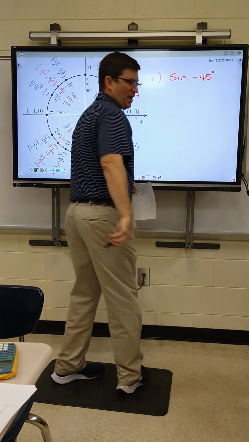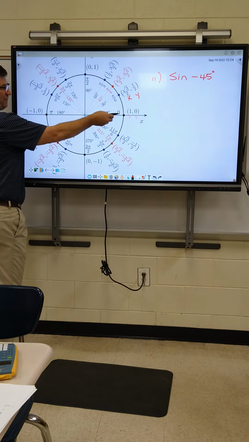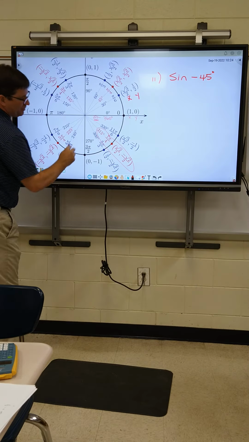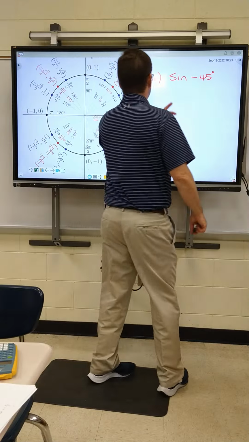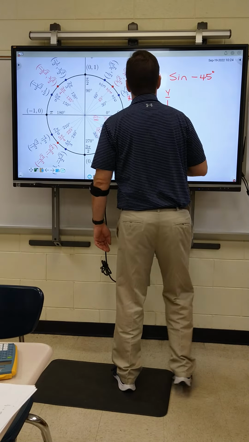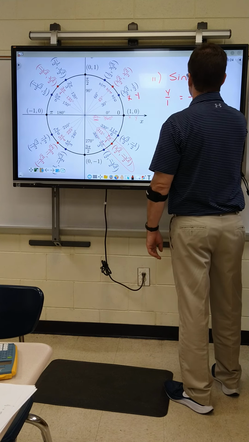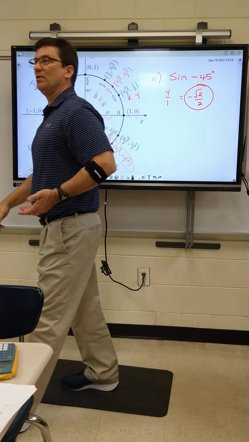Now remember, you're not going to have a calculator, so where is negative 45 at? Here's positive 45, so where's negative 45? 315, right here. That's the point you're going to use. What's my formula for sine? It's y over 1. Your answer is just negative root 2 over 2, because when you divide by 1, nothing changes.